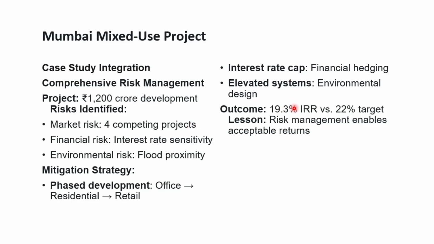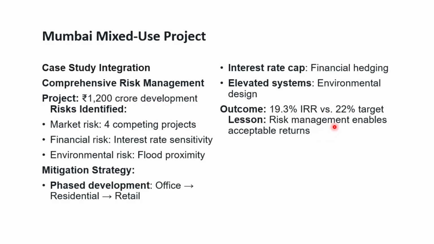So that can be the comprehensive system which we can adopt to curtail the effects of risk, or we can manage our risk. The outcome, 19.3% IRR versus the 22% target, shows how risk management enables acceptable return even when the original projection proves optimistic.